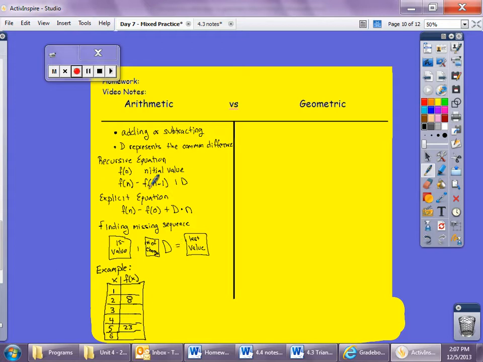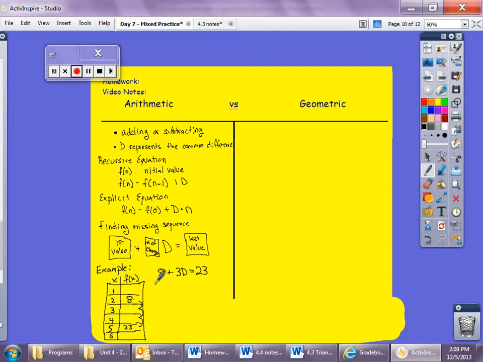The first thing is we start at 8 plus, now we have 1, 2, 3, so that's 3 changes times d, because we don't know what d is, and it's going to equal our last value. We're starting at 8, changing it 3 times to get to 23. That's how we figure out what d is.